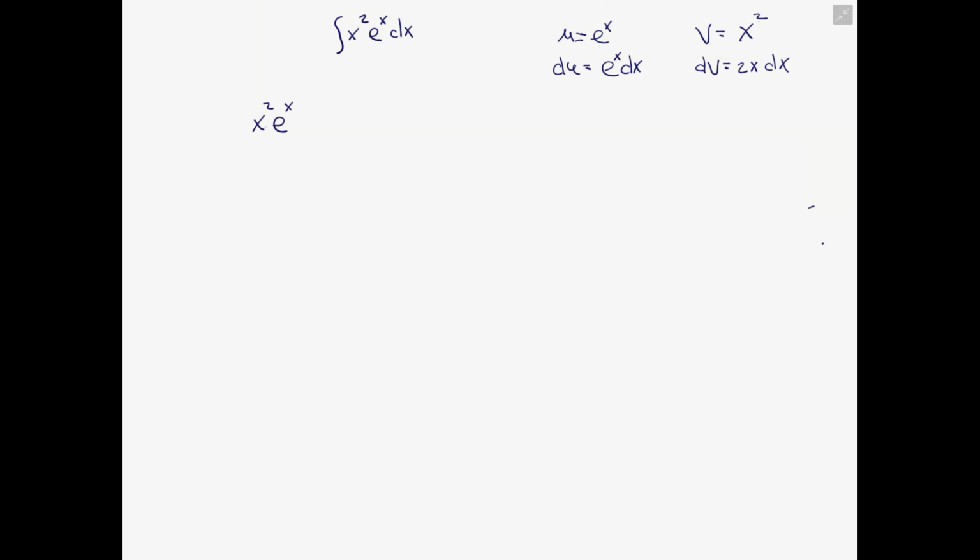And now let's hope we get our integrand. So we have x squared e to the x equals v du, which is x squared e to the x dx. That's exactly what we want. Plus, we got 2x e to the x dx. And that's what we want. We want to go down in power. We don't want to go up in power.